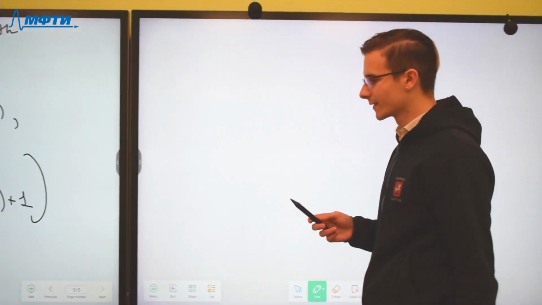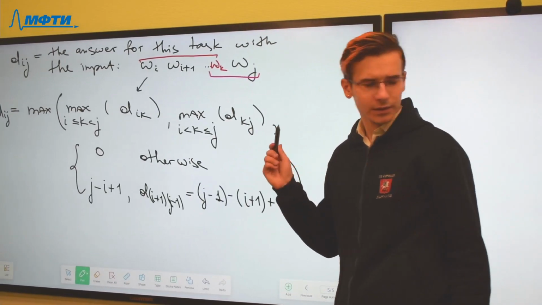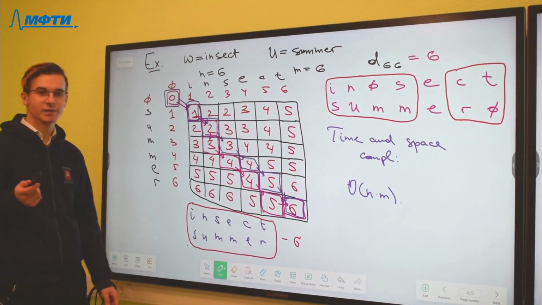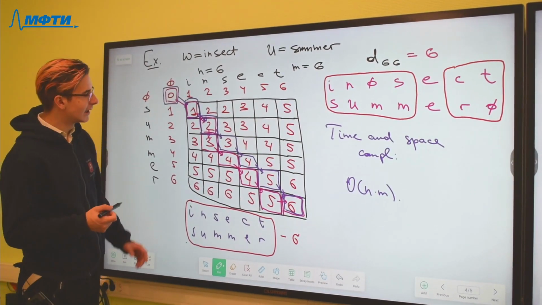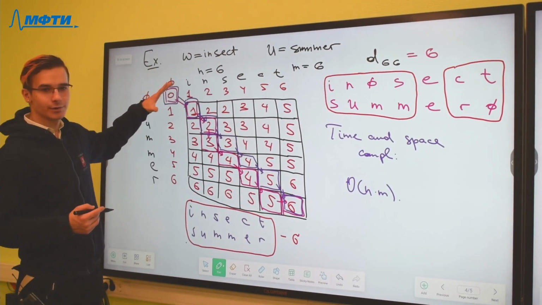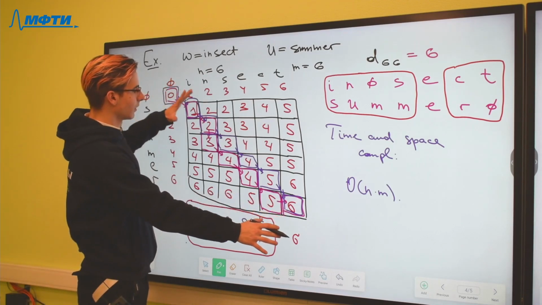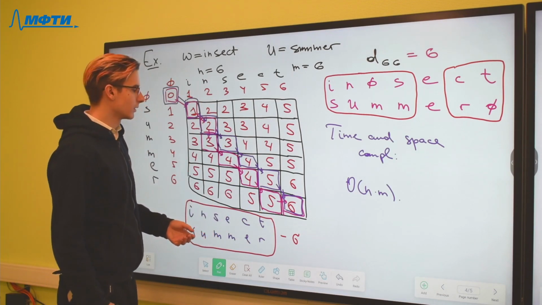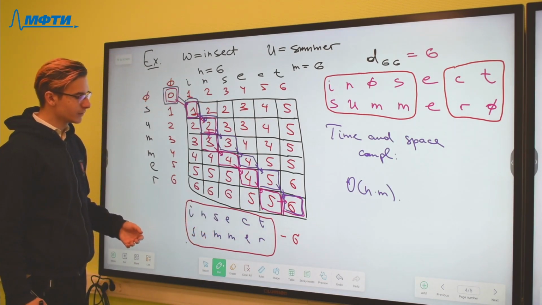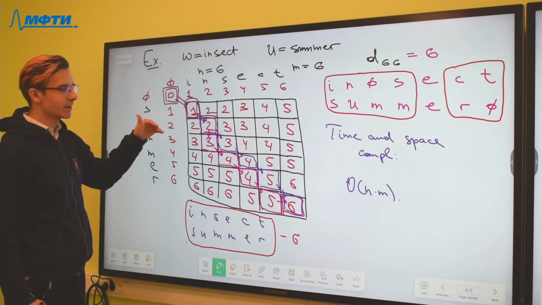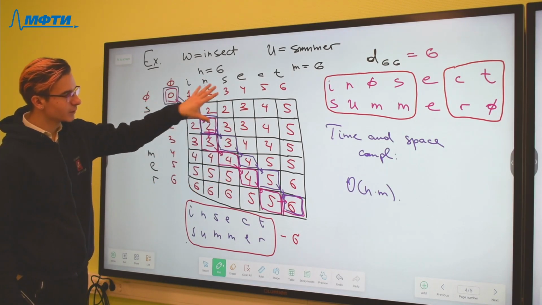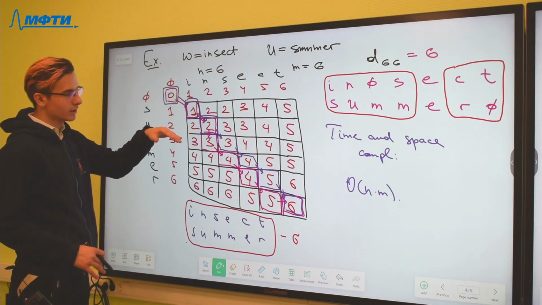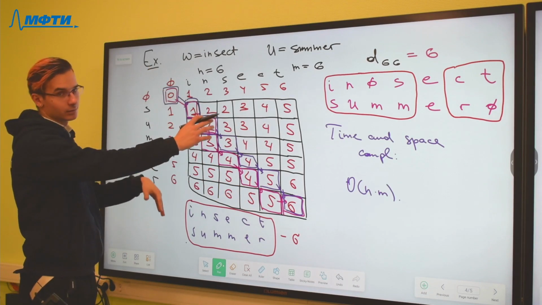So, how to understand how to compute it? It is interesting that in the previous task and in the first task, we go from this corner to this corner. But in some two-dimensional dynamic programming, you can use your algorithm as waves from different points of this matrix, not from this corner or that corner. You can use it, for example, from the diagonal.